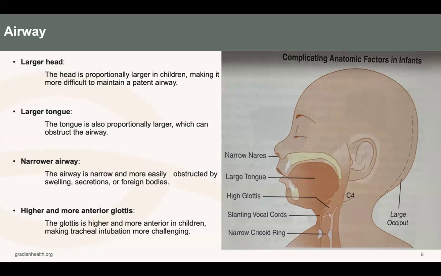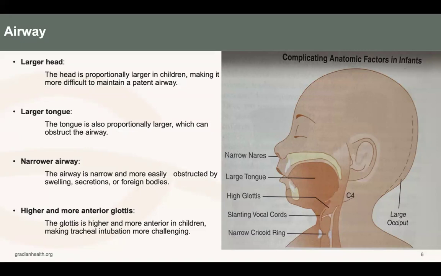So if you put them in certain positions like sleeping face up, which we call supine, it becomes difficult to maintain their airway, that is the passage all the way from the nose and the mouth into the trachea. They mostly tend to close their airway, as the larger head would make them tilt, almost like they are bending towards the front. So that has to be put into consideration.